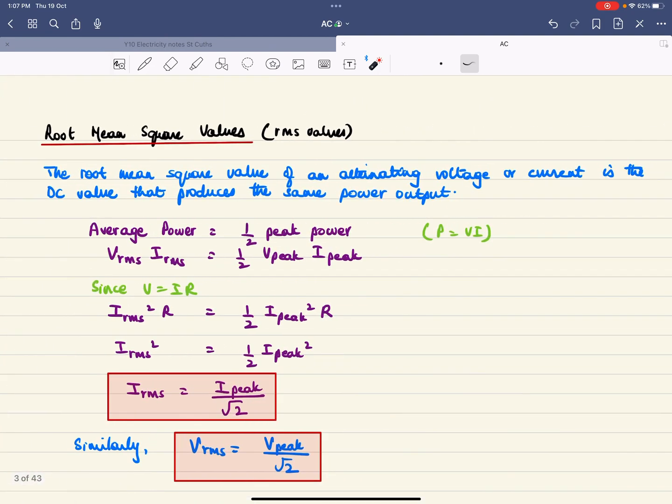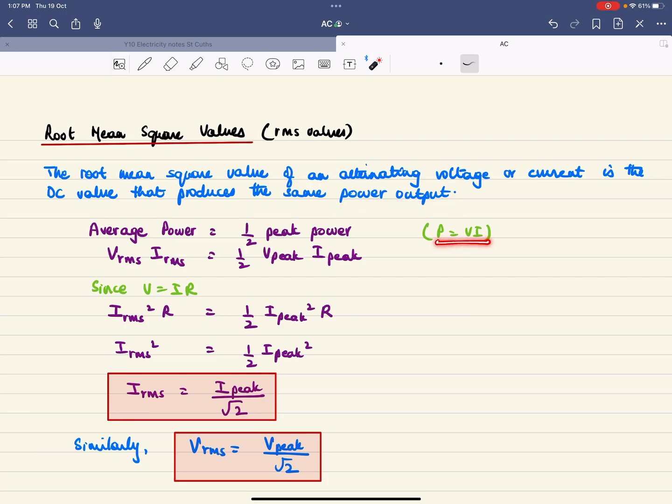One way of averaging out the values is by using root mean square. The root mean square value of an alternating voltage or current is the DC value that produces the same heat energy or the same power output.